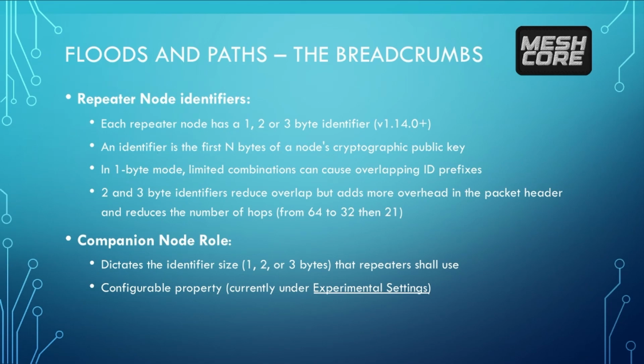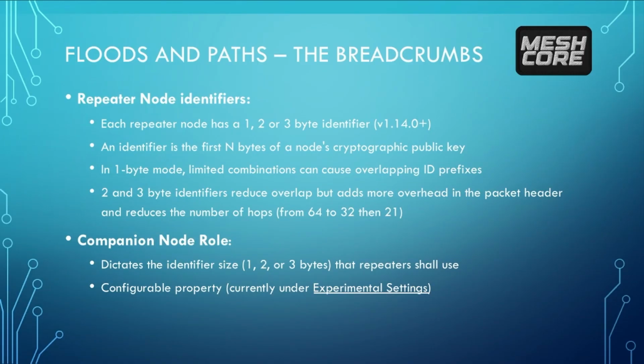With 1 byte, I don't think a 0 ID exists, but with 1 byte, you can ID 254 repeaters. There's a heck of a lot more repeaters in the world than 254.